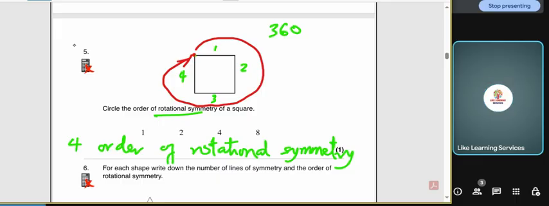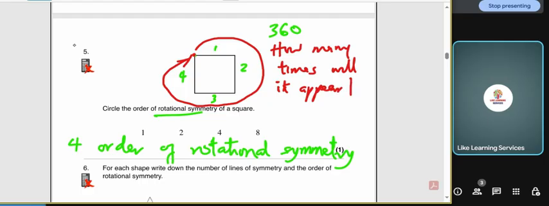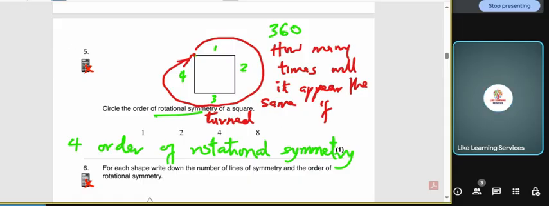In four different times, which simply means how many times will it appear the same if turned by 360 degrees.